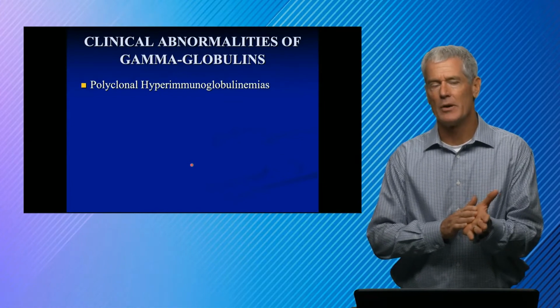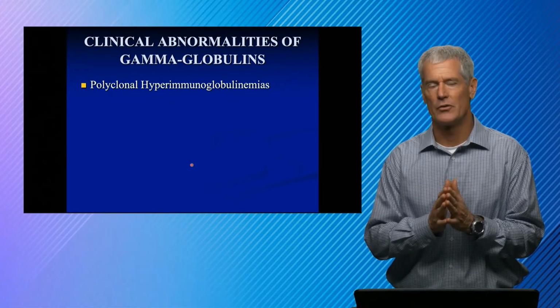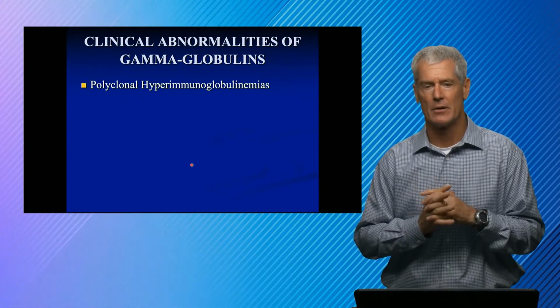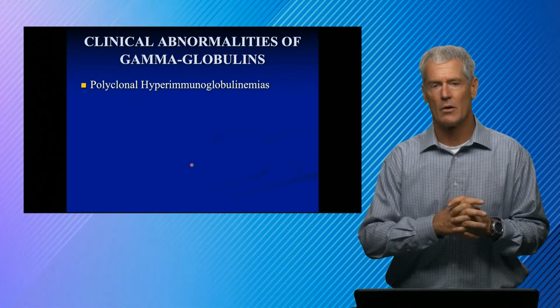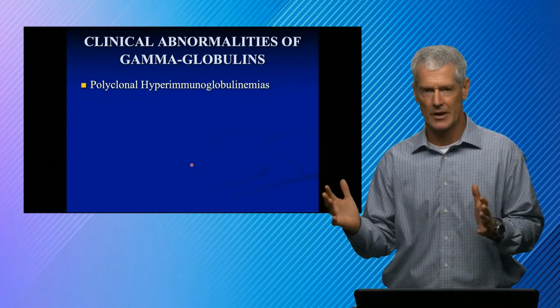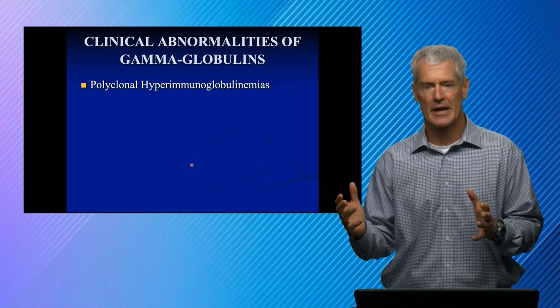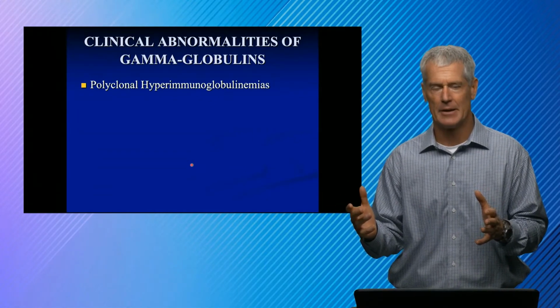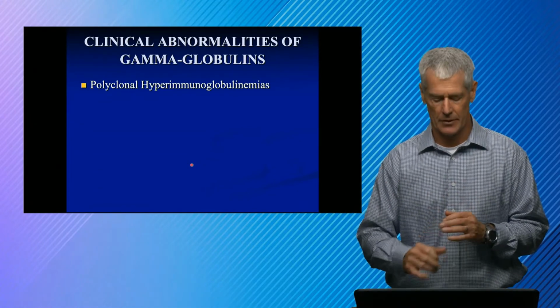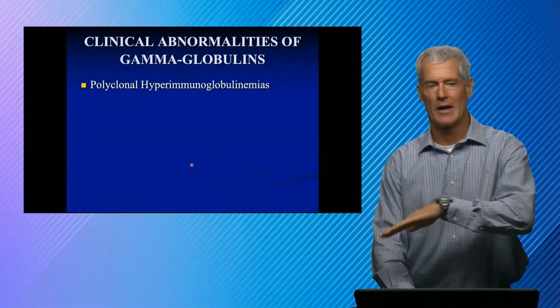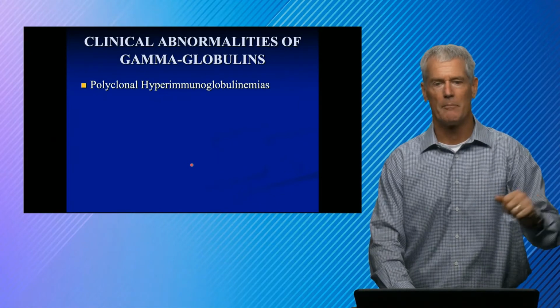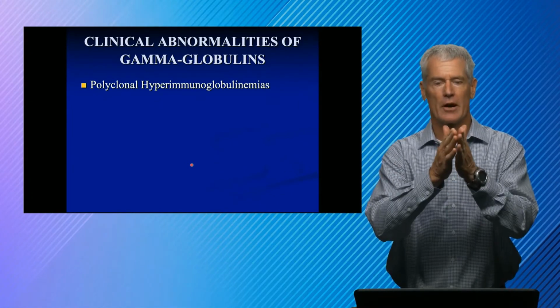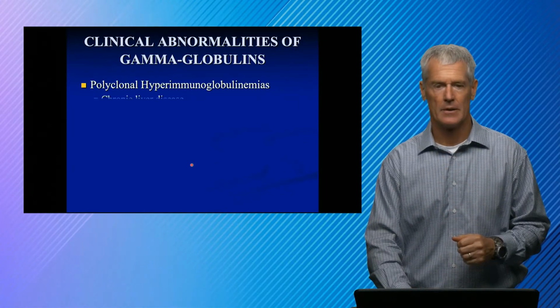When we're looking at the gamma region, the first thing that we do is say, is it monoclonal or is it polyclonal? And again, polyclonal happens when you have a variety of different types of immunoglobulins. And in this case, hyperimmunoglobulinemia or hypergamma-globulinemia means an elevated concentration of those. And so we're going to have a big wide peak for polyclonal. We're going to have a short narrow peak for monoclonal.